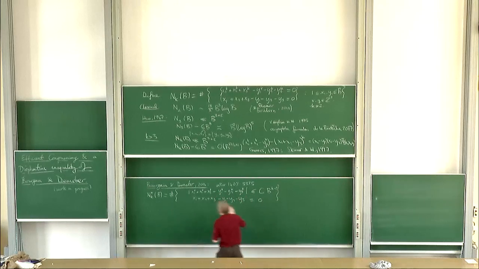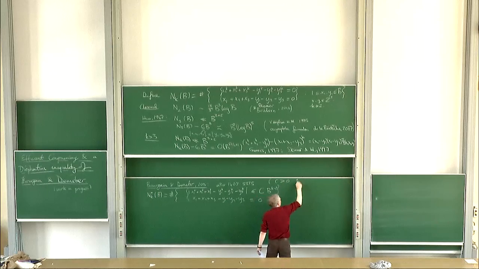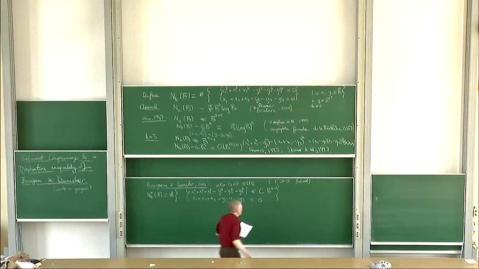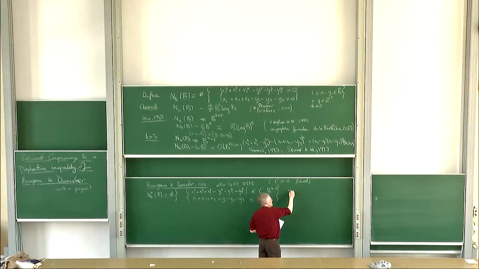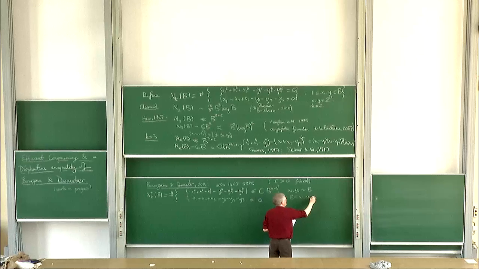Here are my inequalities. Just think of C as being a fixed positive number. And again, count solutions, but this time count solutions which are in a dyadic interval of size roughly B. So when I write the twiddles, this is what I'll mean.